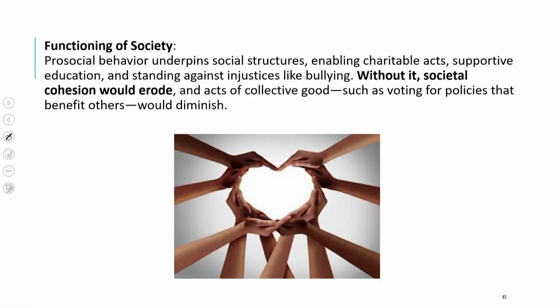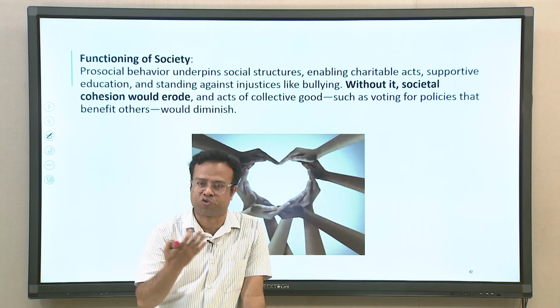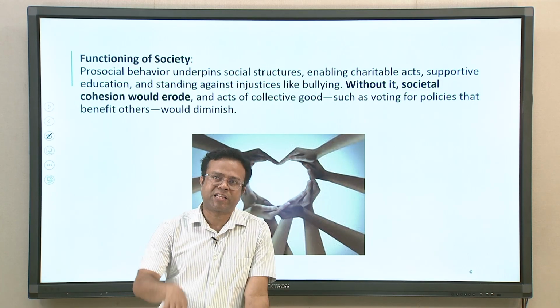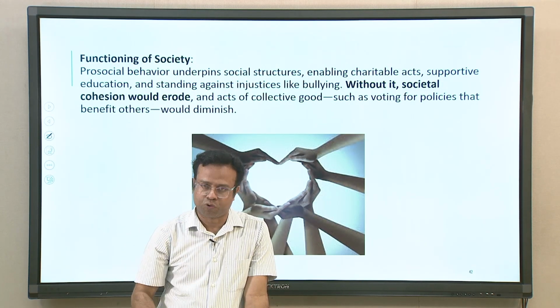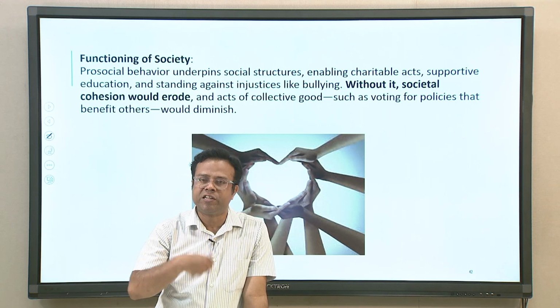Another important reason why people engage in prosocial behavior is that it is the foundation of human society. We cannot expect a human society without the concept of kindness and prosocial behavior. Society will disintegrate.